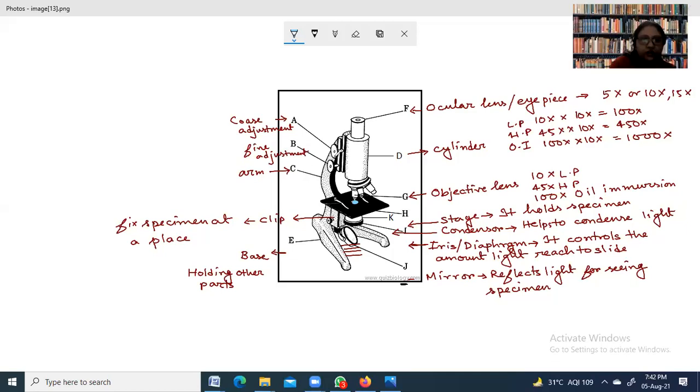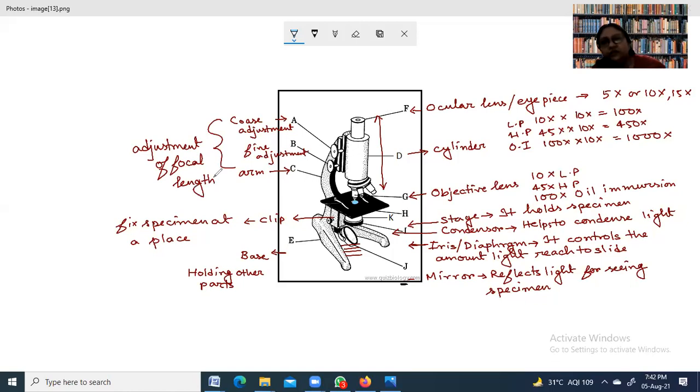When you move them, this whole thing will go up and down, and they are there for the adjustment of focal length. Okay, because we know the best image is formed in focus. That's why. Okay, so these are the parts of the microscope.